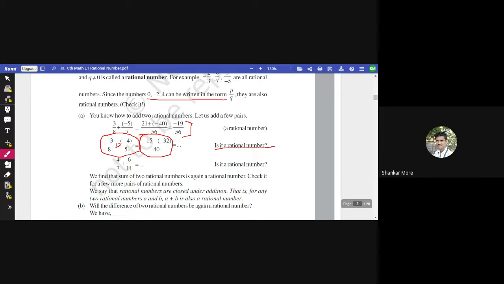Confusion with minus and plus sign. Please explain. Okay, that may happen. Let me explain. So see, students, minus 15 plus minus 32. You are getting confused in this, right?